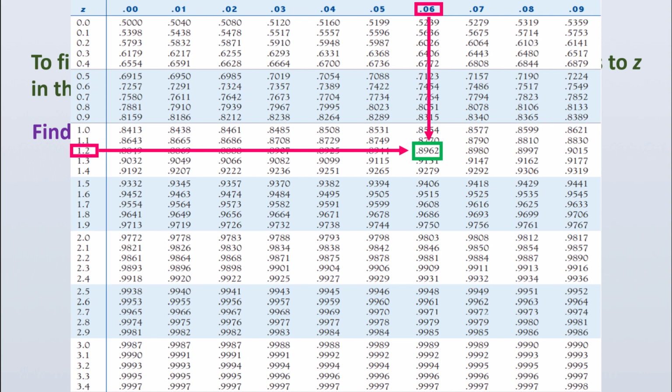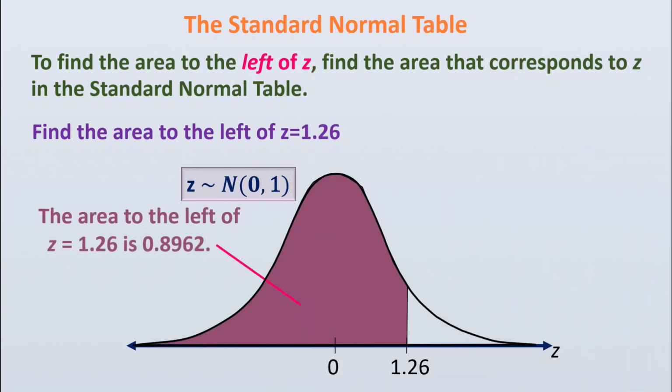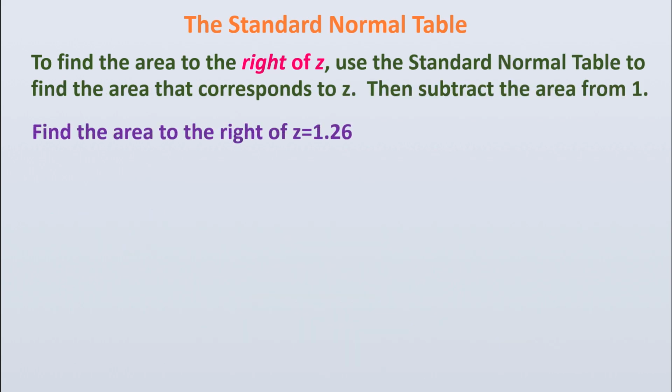It is 0.8962. Therefore, the area to the left of z 1.26 is 0.8962. Again, when you need to find the area left to a z-value, you can directly use the z-table.